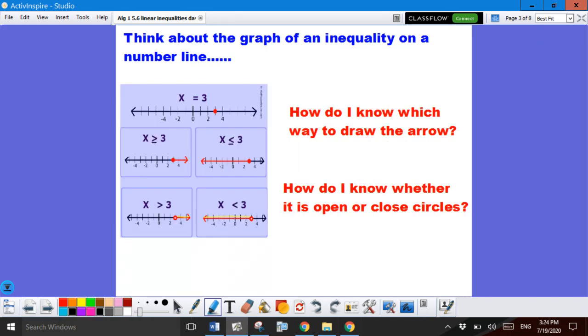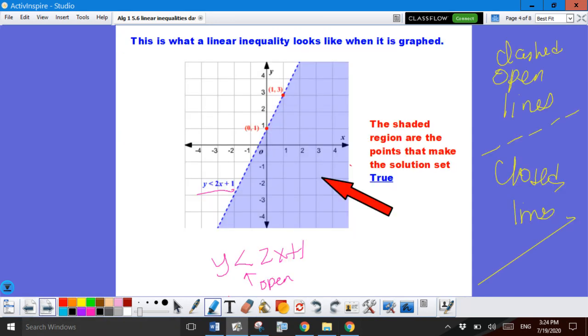Let's go back to here for a second. If I highlight my solutions, they are here, and on this one, it's just that single point. When I have a linear inequality, I'm going to have a section of the graph that is shaded.